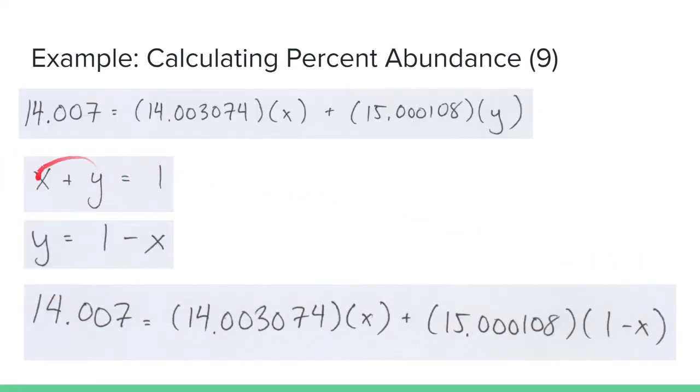Since I know that x plus y must equal 1, I can rearrange this equation to isolate for y, and if I simply subtract both sides by x, I get y is equal to 1 minus x. Then what I'm going to do is substitute 1 minus x in for the variable y.